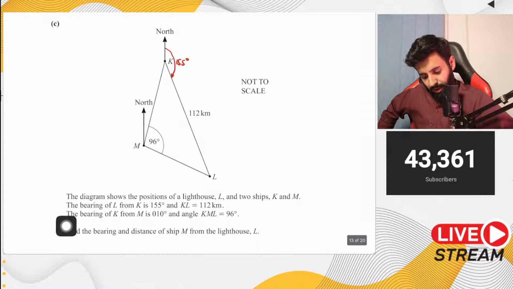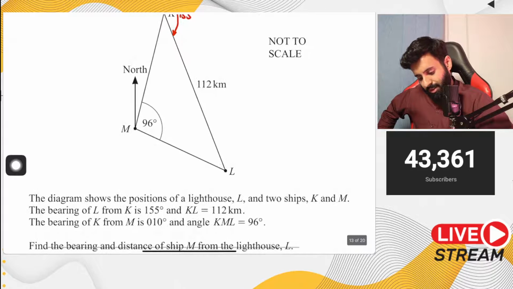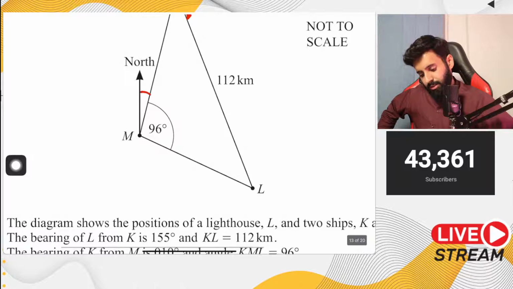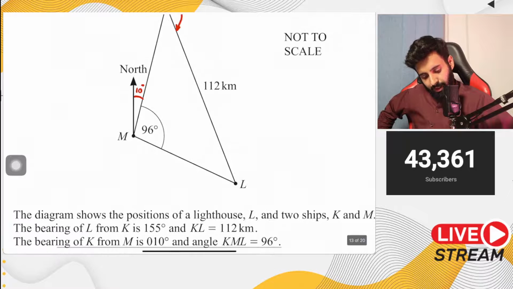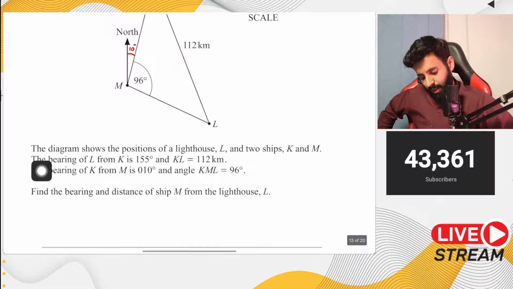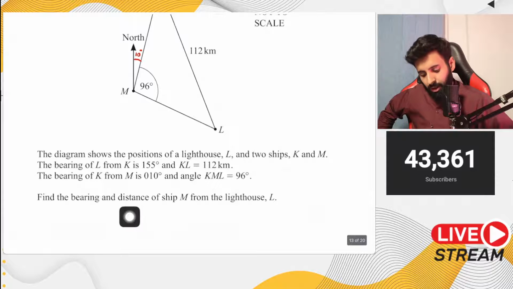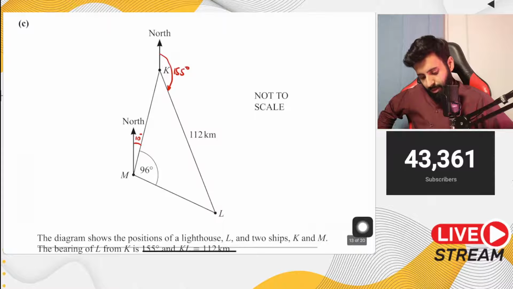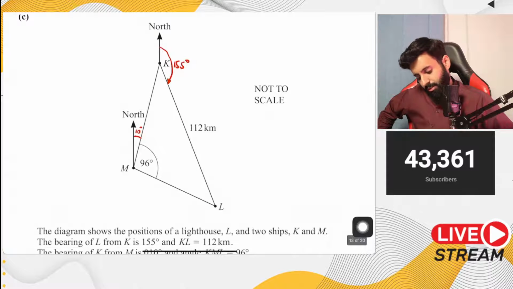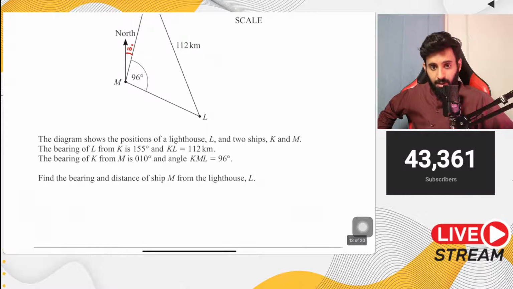The bearing of K from M is 10 degrees, so that means this little angle is 10 degrees. And then it says KML is 96 degrees. Find the bearing and the distance of ship M from the lighthouse L.